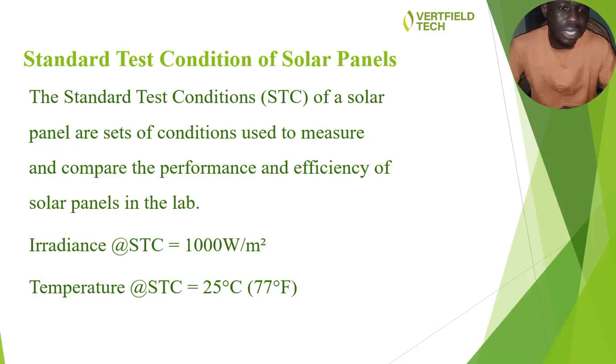What that simply means is that these are the set rules, conditions, and parameters used to manufacture and test these solar panels in the lab. These are the various rules, conditions, or technicalities involved in setting up your solar panels in the lab, and these are the standard test conditions.